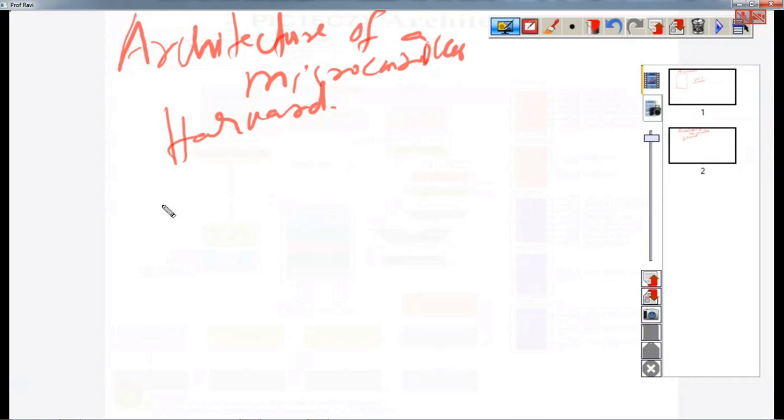Then you have an ALU with an accumulator, onboard ports, onboard timers, and onboard interrupt facility, and you have an on-chip watchdog timer. These are the things you can find on the architecture.